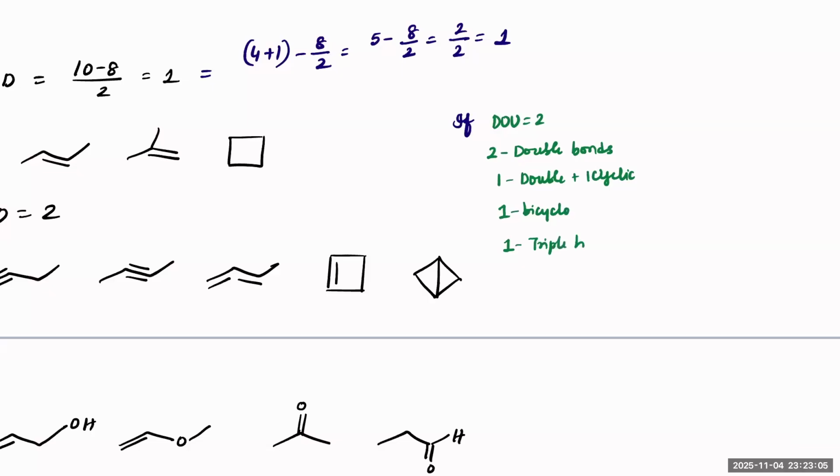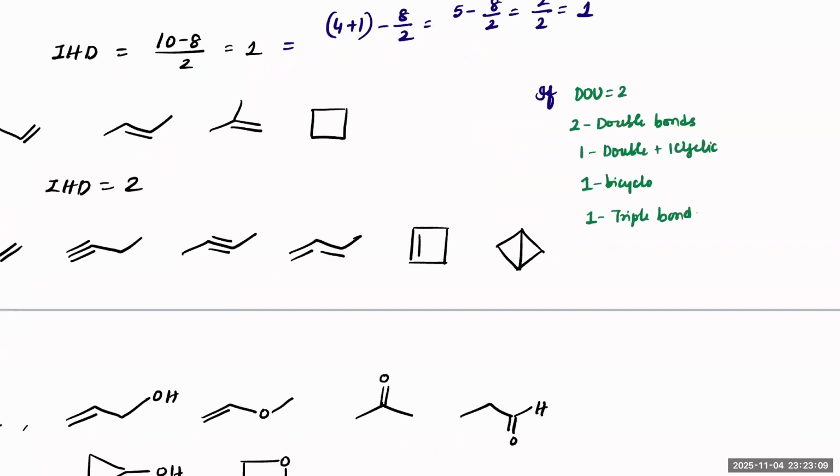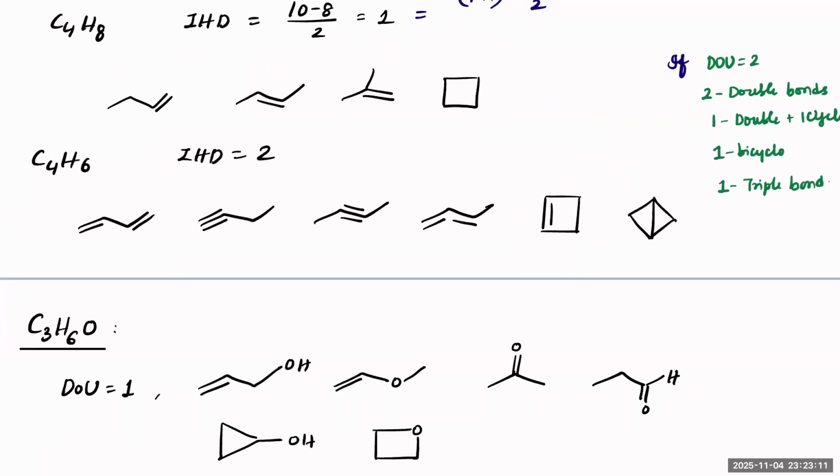So these are all the possibilities you can make. Okay. These possibilities help us predict the number of isomers. So it's better to learn that.